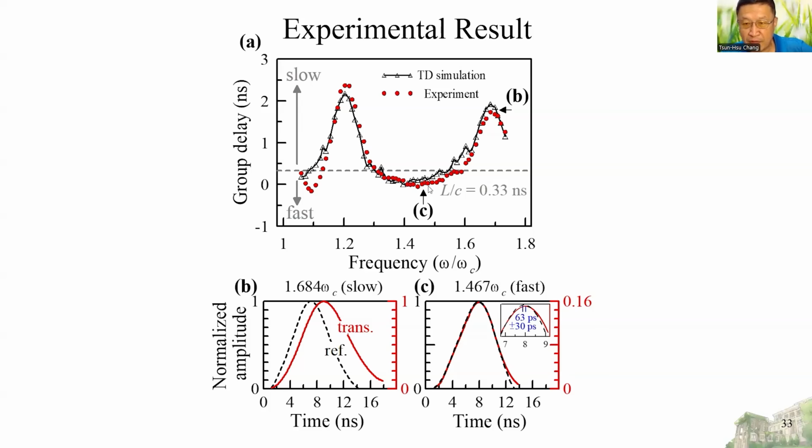And for the fast wave, for example, points B and C here, as you can see, there is almost no difference, no delay at all. The delay time is close to 0, very small. The amplitude, of course, is much smaller, but at least there is almost no time difference. So it can be classified into fast wave as well as slow wave.